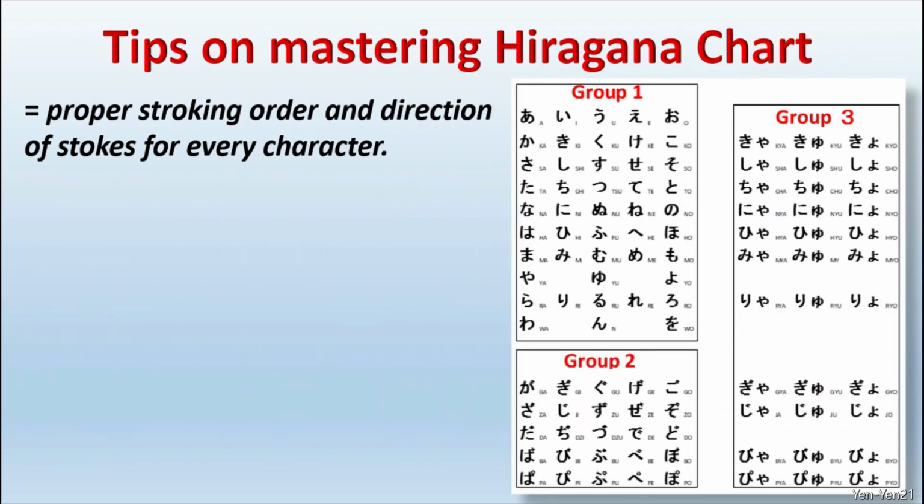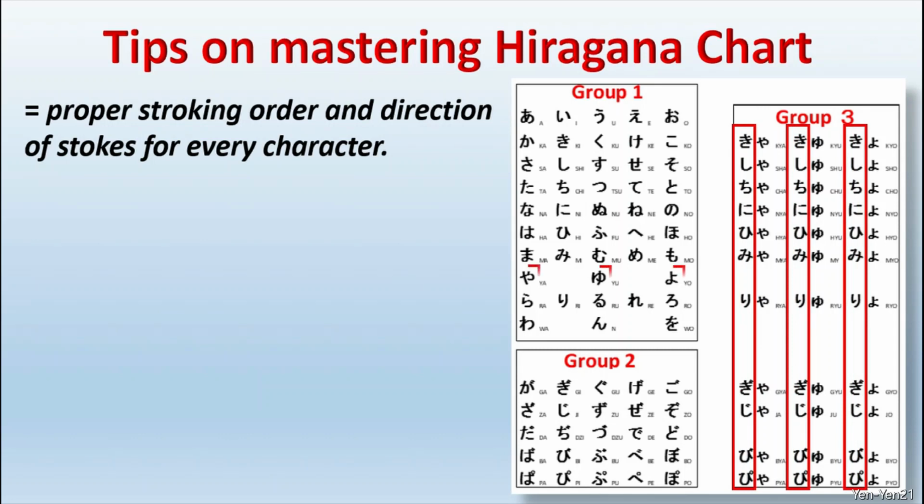Third, for the third group of the chart, you just have to take all the i row characters of groups 1 and 2 except for i and ji, then add small ya, yu, and yo to them. And just like that, you will be able to write all group 3 characters.